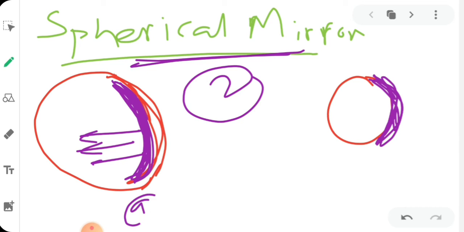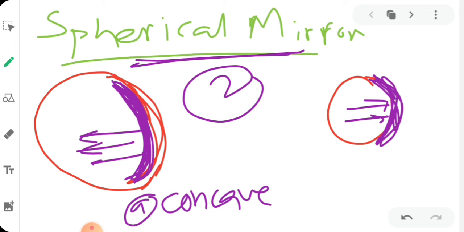And suppose a spherical mirror has a reflecting surface away from the center, in the outward manner, from the exterior point of view, then this one is known as a convex mirror.